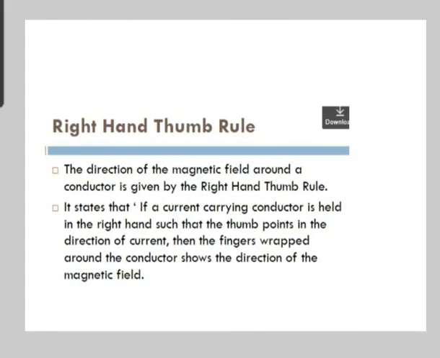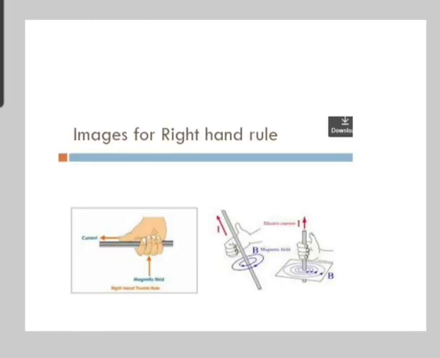To use this rule, we have to imagine gripping the right hand around the wire with the thumb pointing in the direction of the current, as shown in this diagram, and the fingers show the direction of the magnetic field which wraps around the wire.